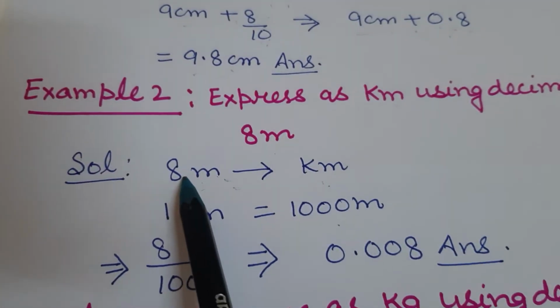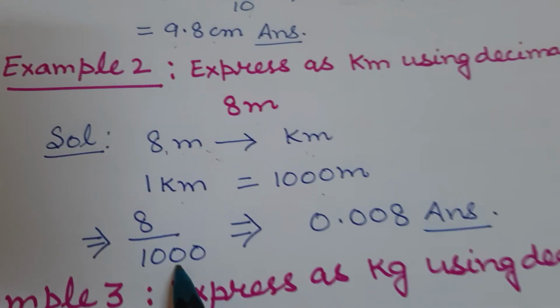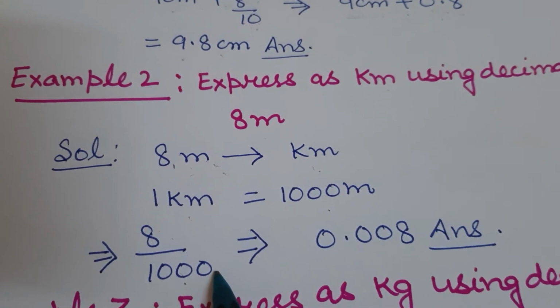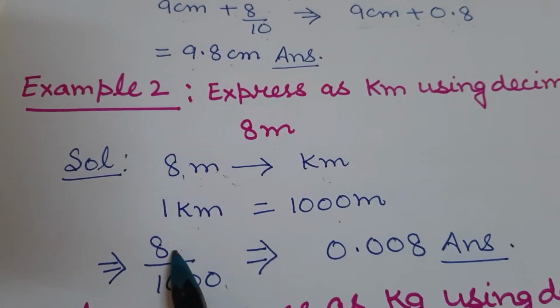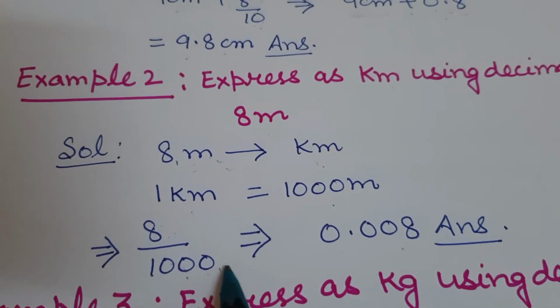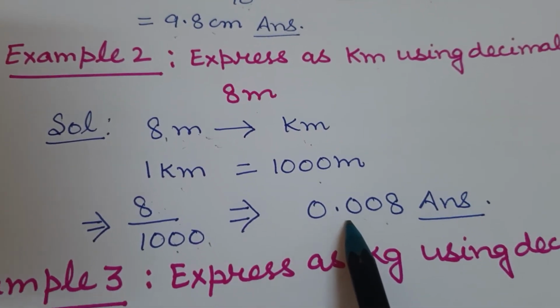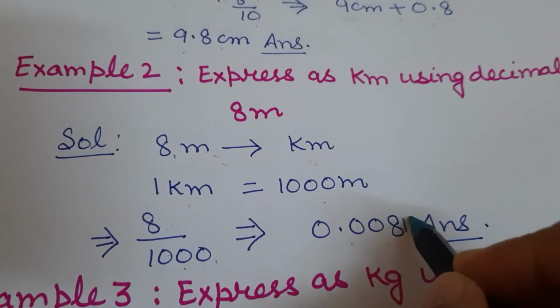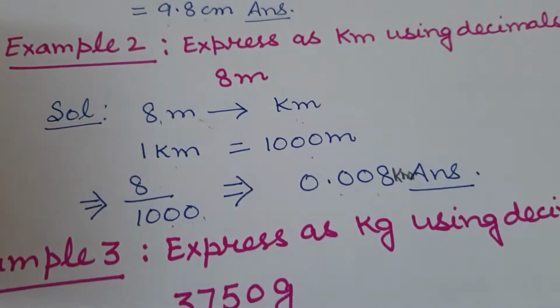So this 8 will be divided by 1000. How do we read it? 8 thousandths. So 8 is on the thousandths place, or by counting the zeros you can put the decimal. So now it is converted into kilometers.